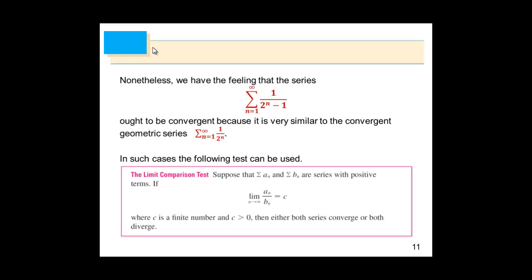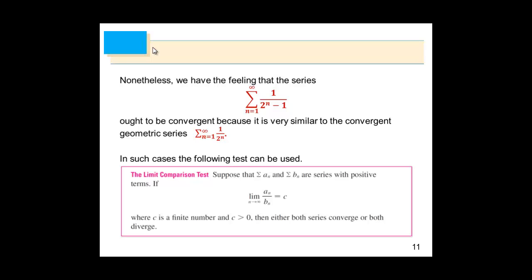So if I try to use this inequality, then every term of the given series is bigger than the corresponding term of a convergent series. Well, that doesn't tell me anything. Am I making sense? If I could show that every term is bigger than the corresponding term of a divergent series, then I could say that my series is divergent, right? But we are guessing that our series is convergent in this case. So what should we do?